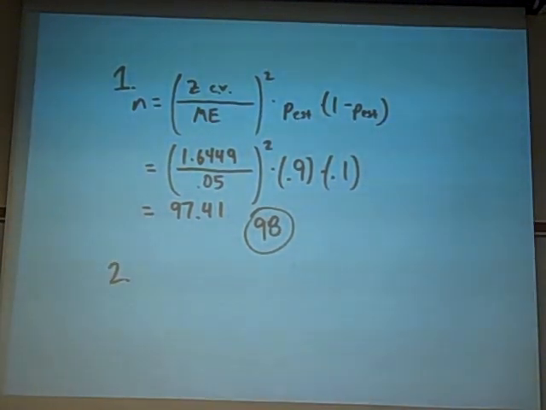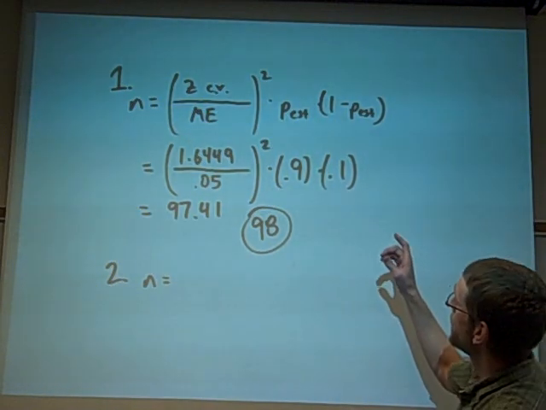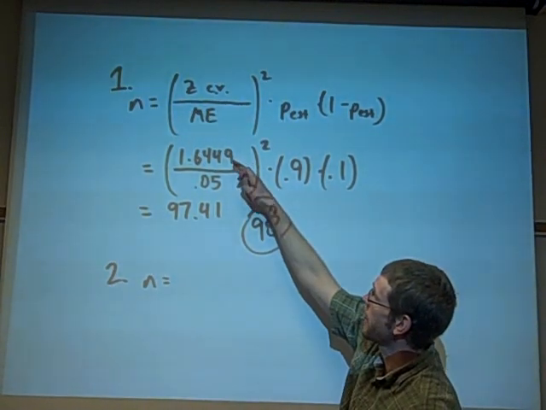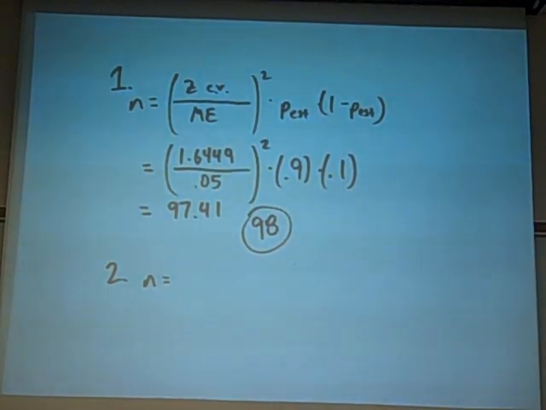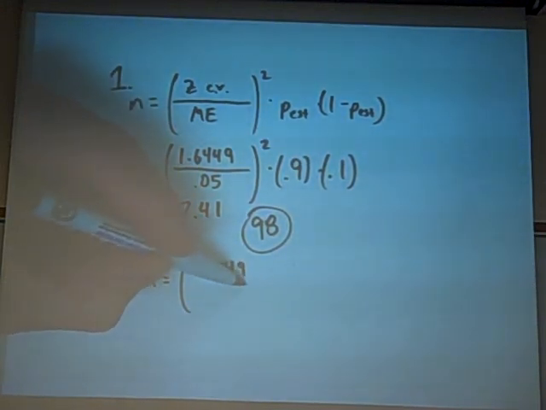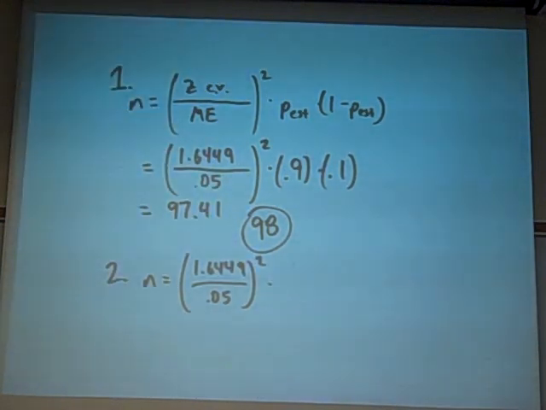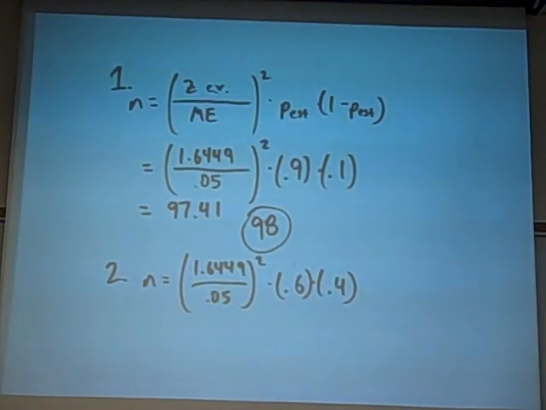Number 2, how large of a sample does she need if she thinks the true proportion is about 0.6? So what's going to change here? The only thing that's going to change is, we're still going to have the same critical value, we're still going to have the same margin of error. These are going to change. So instead of multiplying by 0.9 then 0.1, it's going to be 0.6 then 0.4, right?